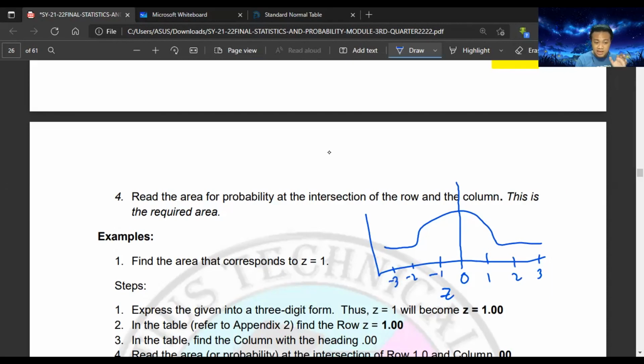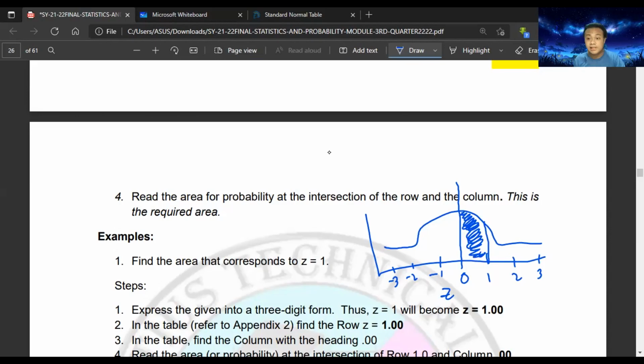So what we are looking for now is the area that corresponds to z = 1. It's only the half area, the area from 0 to 1. Let's shade that area.